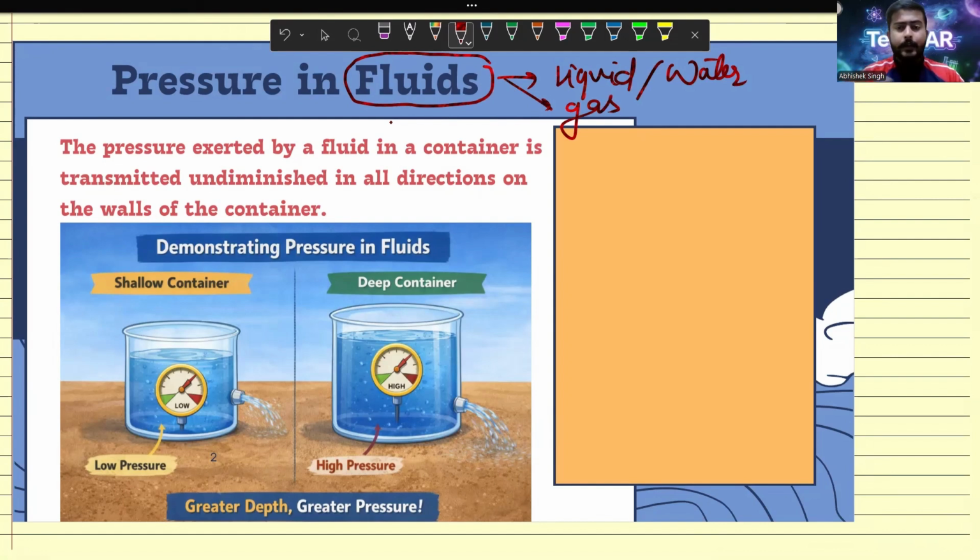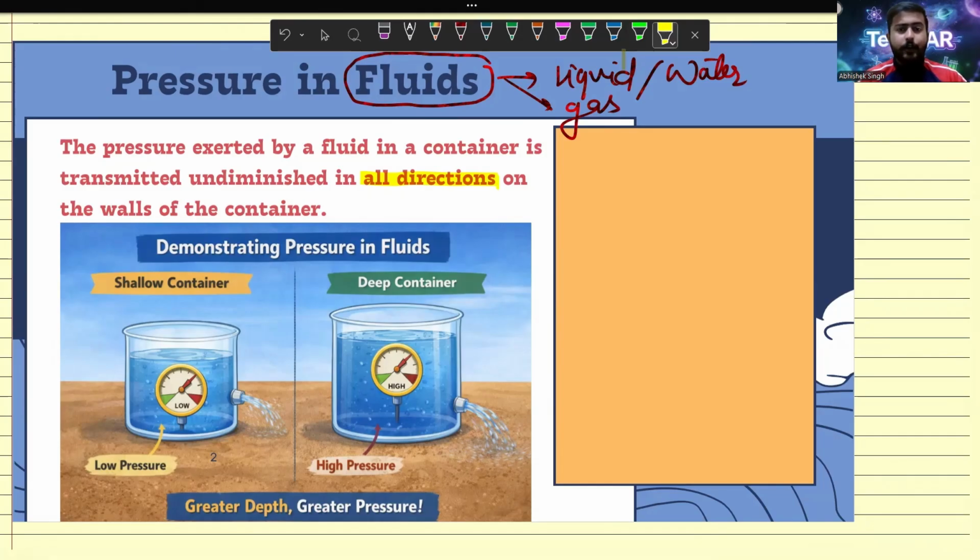Now, what is the pressure exerted by a fluid in a container? The pressure exerted by a fluid in a container is transmitted undiminished in all direction. If I ask you in which direction a fluid applies its pressure, you could say in all direction on the walls of the containers.